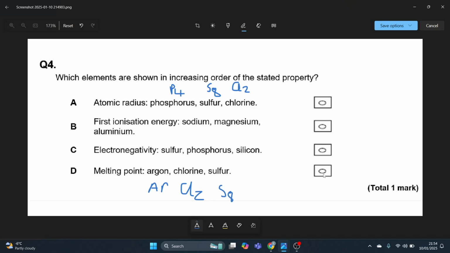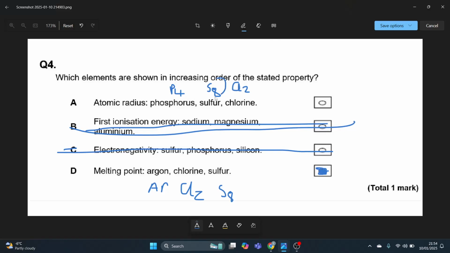That is definitely going to be D. Electronegativity, I don't even know if that's correct or not, but it's definitely going to be D. First ionization energy, sodium, it's probably going to have the lowest first. No, it's not, so that's definitely incorrect. And atomic radius, surely sulfur would be last.